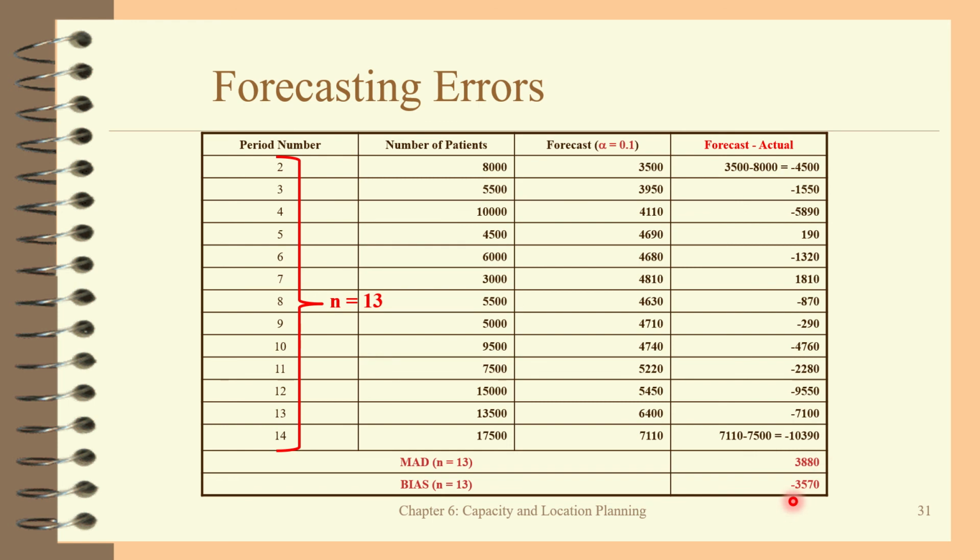You got minus 3,570. Okay, this is MAD and bias for exponential smoothing with alpha equal to 0.1.